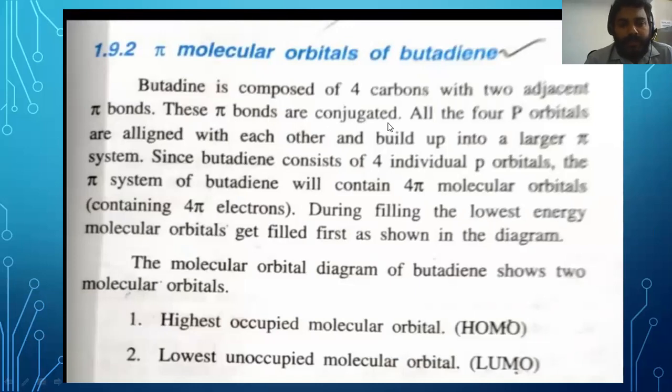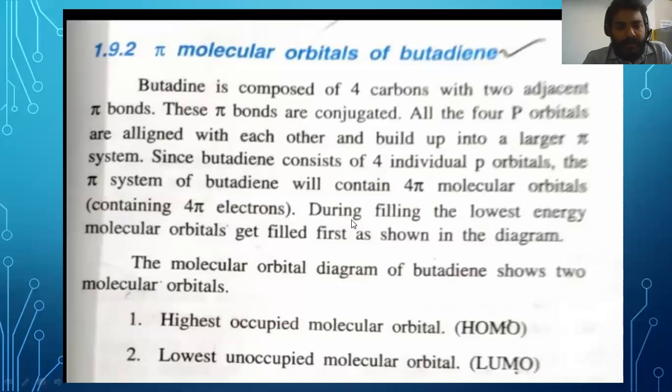What is conjugated? It means alternating double bonds. All 4 p orbitals are aligned with each other and build up into a larger pi system. Since butadiene consists of 4 individual p orbitals, the pi system of butadiene will contain 4 pi molecular orbitals containing 4 pi electrons.